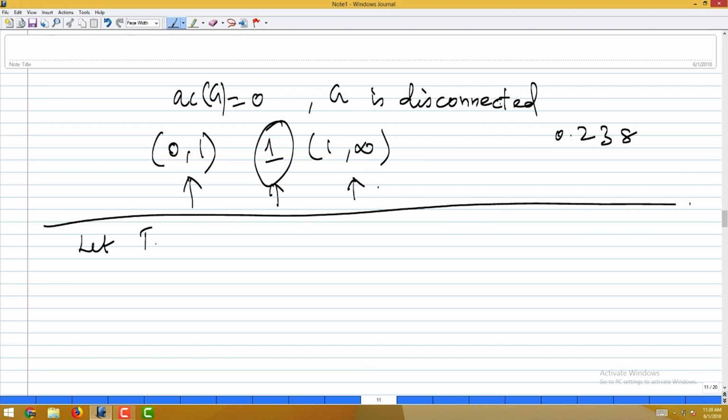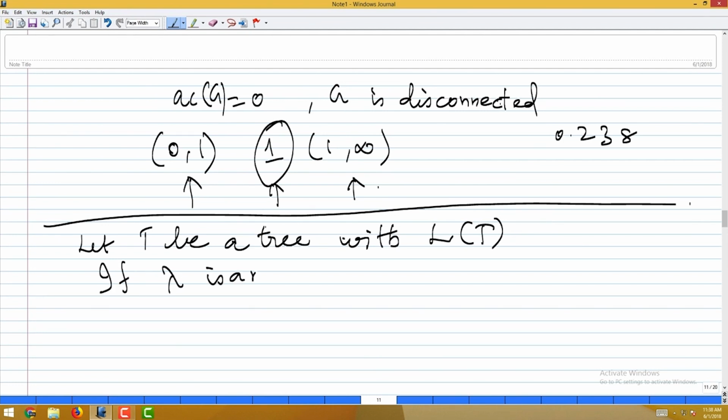So, again let me start with, let T be a tree with L of t. So, we are now with Laplacian. If lambda is an eigenvalue of L of t, and if my tree has say p pendant vertices.